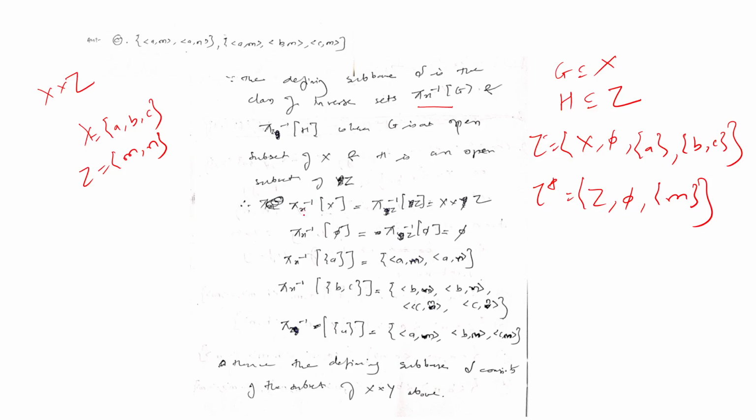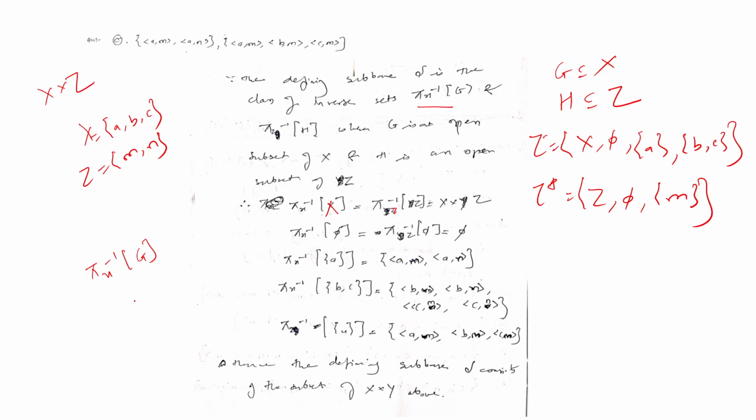So what will be pi x inverse of x? Projection of pi x inverse of x, and even if you will take pi z inverse of z, so what you will get? How it is defined? Pi x inverse of a particular set, class G, whatever you are taking.